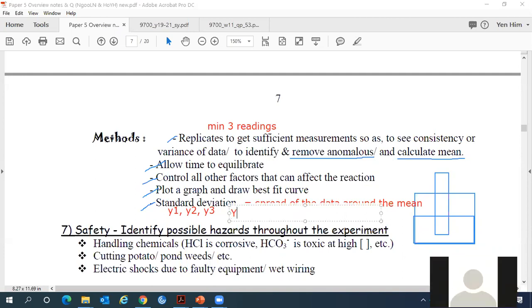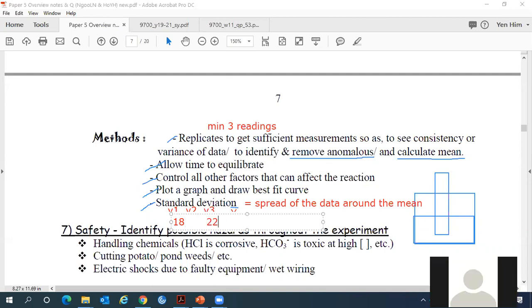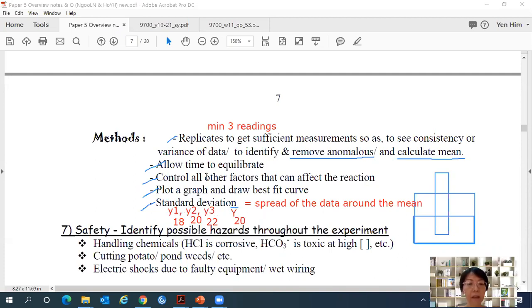So the mean is this value here. Can you see or not? So for the spread of the data around the mean, say for example, this is 20, your Y2 is 20. Your Y1 is 18, and your Y3 is 22. So the mean of these 3 values is 20.